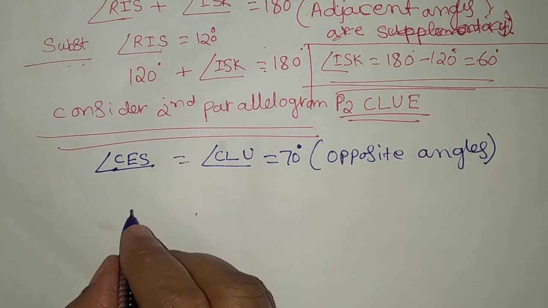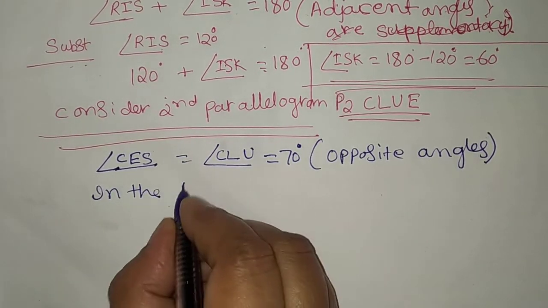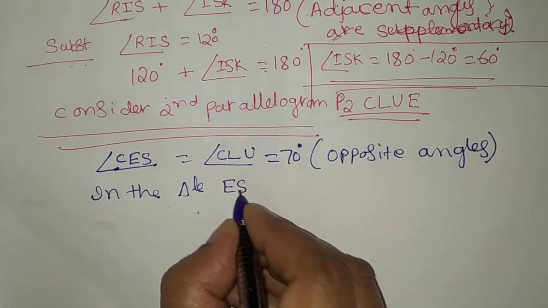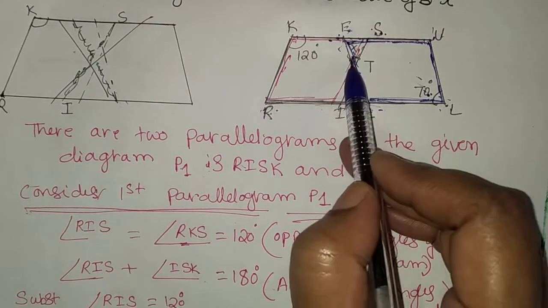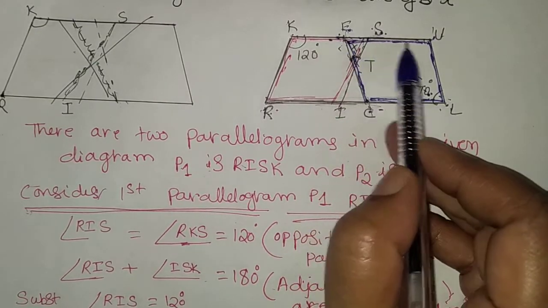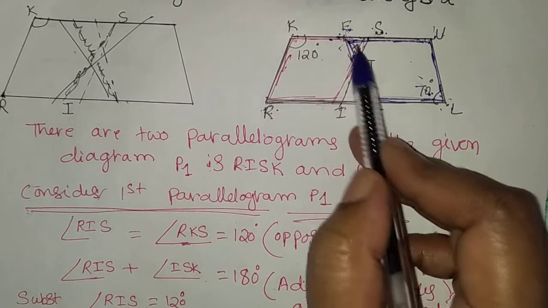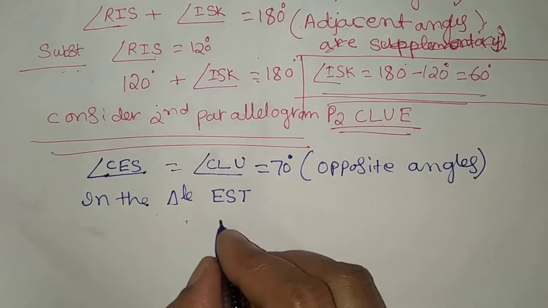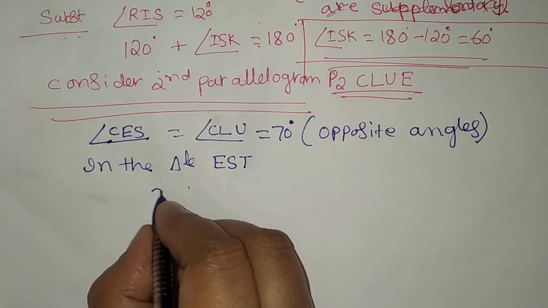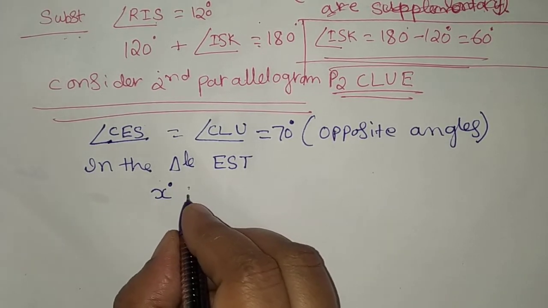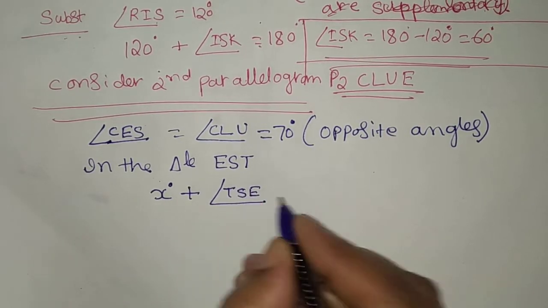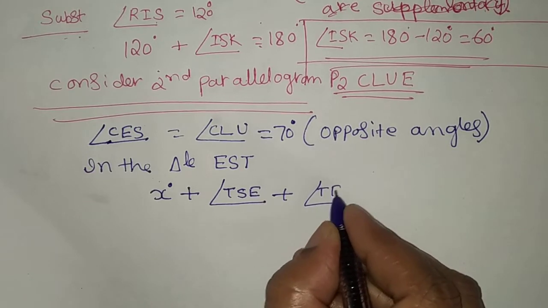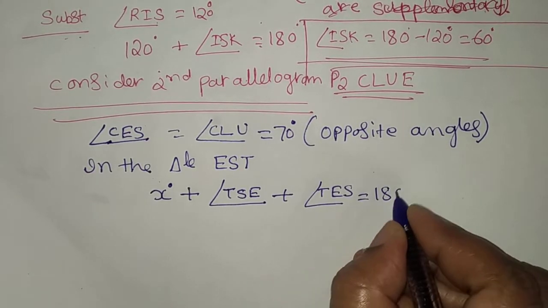So next step after this, in the triangle EST. Which is the triangle here? This one is the triangle EST. So the two parallelograms form two triangles. First we are taking EST. Since we have to find out x, we are taking the triangle EST. There we take x degree plus angle TSE plus TES is equal to 180.